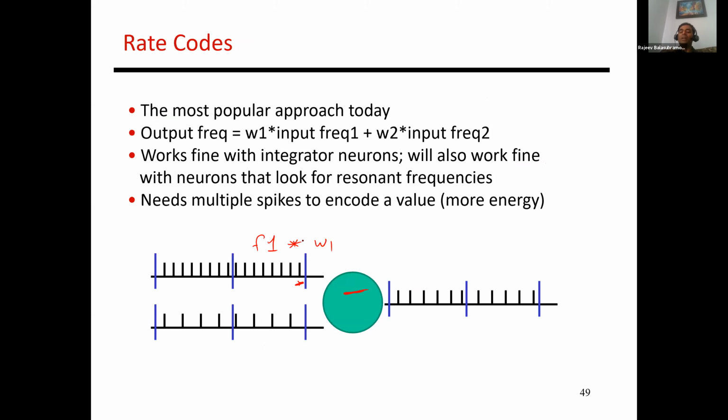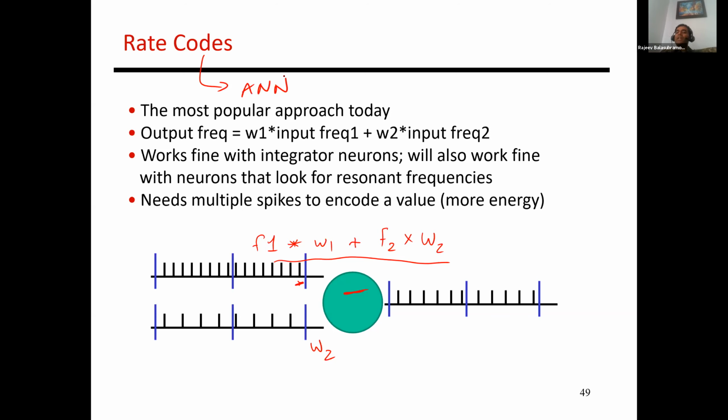At the same time, I'm also getting inputs on this second input that has weight 2. And so the overall potential increment is the number of spikes I see times the corresponding weight for that input. And you'll see that this equation is a lot like the dot product equation that you see in artificial neural networks. So in some sense, rate coding is nothing but an emulation of an ANN.